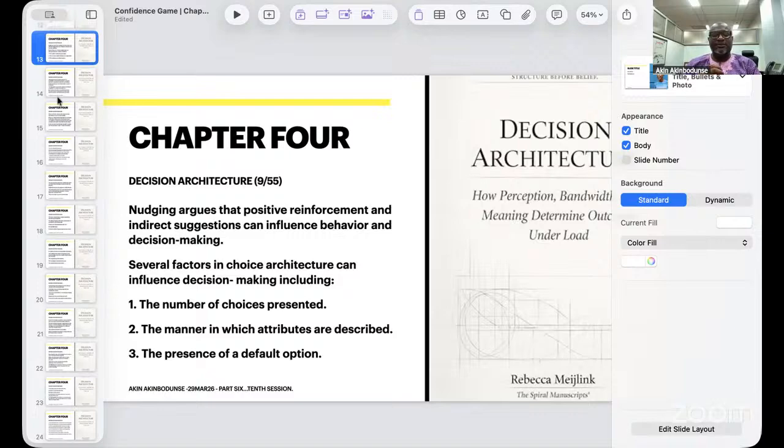We have so many to choose from, and that's the reason the quality of our decisions is probably not as good as it could be. Because we have so much to choose from, sometimes we're lazy, the time to make that decision is minimal, and we just jump at one, right? So that affects the quality of our decision.